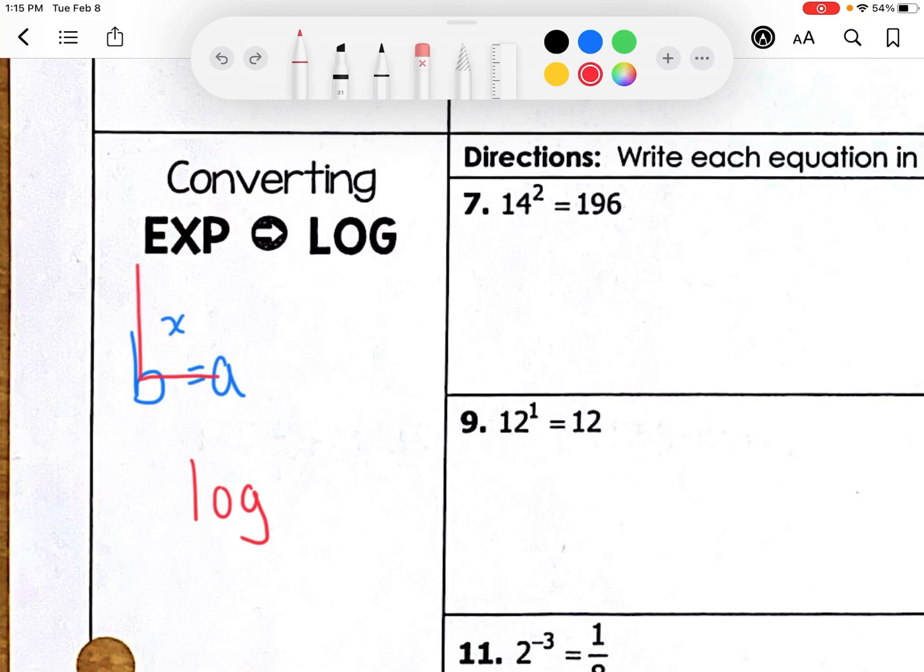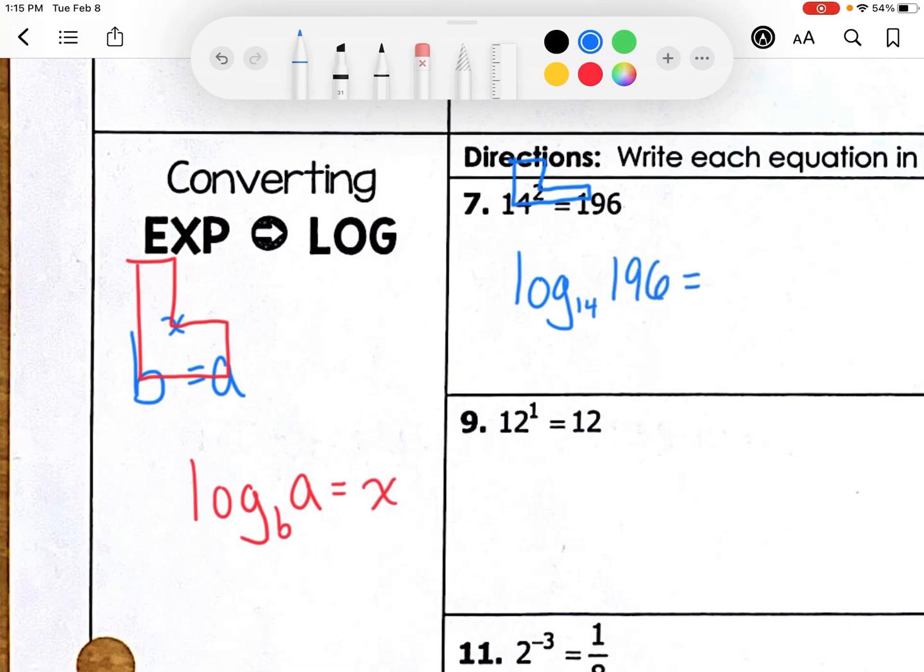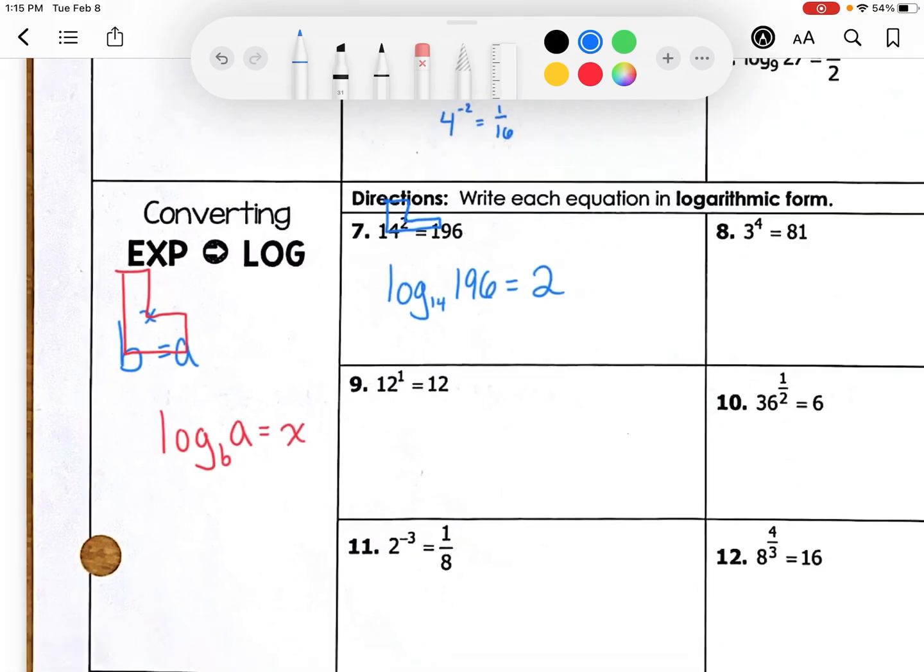I started with B, then A, then X. So we have log base B of A equals X. Doing this for number 7, 14, 196, and then 2, we write log base 14 of 196 equals 2.